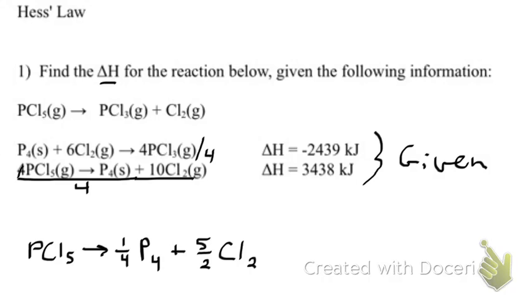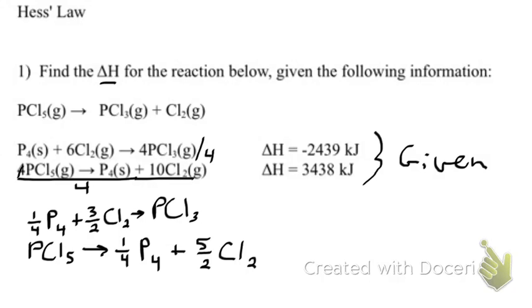So now here on the bottom that changes to 1/4 P4 plus 3 halves. It's 3 halves because I have 6/4 and I can reduce that to 3 halves. Plus 3 halves Cl2 turns into PCl3.